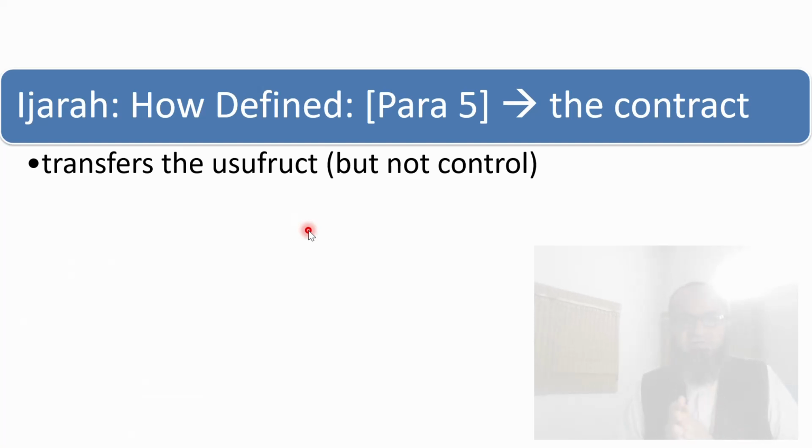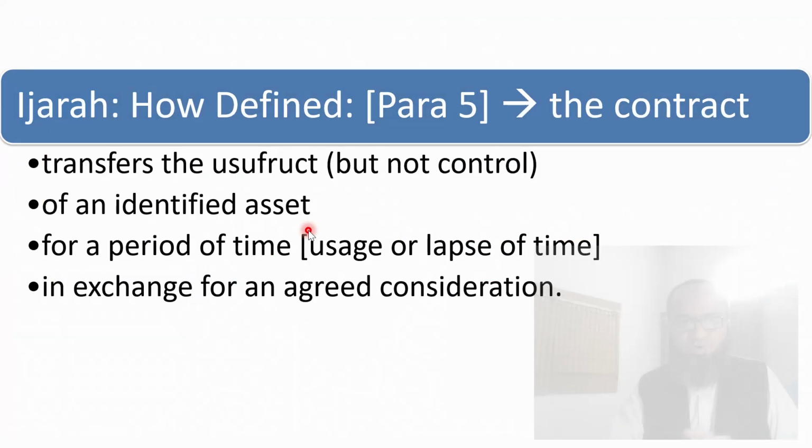Paragraph 5 says, what is Ijarah? Some essential components of the Ijarah. These are the four broader components. It has to be a contract which transfers the usufruct, that is, the benefits associated with the use of an identified asset. Usufruct should be transferred, control must not be transferred.